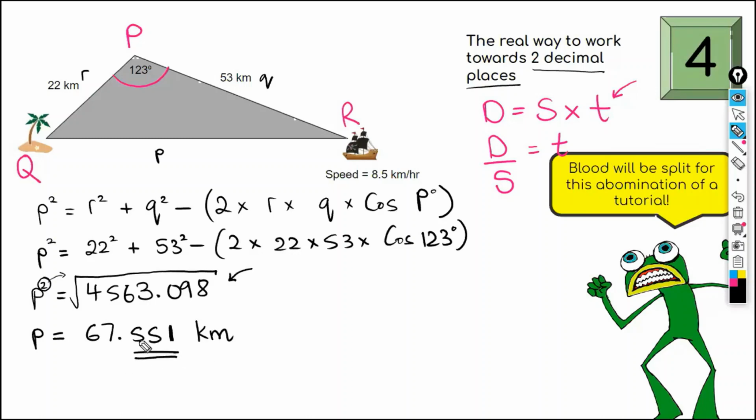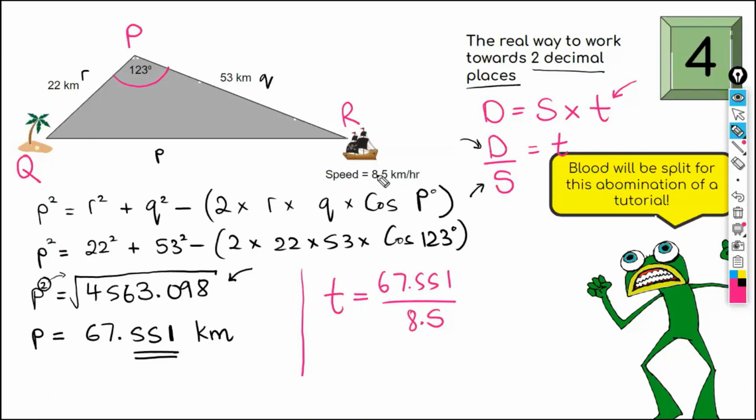Now, the reason I did not round it off to 2 decimal places is because the question isn't finished as yet. The question is only finished when we take the distance, which is this, and divide it by the speed. Only then will the question be finished. So to calculate the time, the distance is 67.551 divided by the speed, which is 8.5.